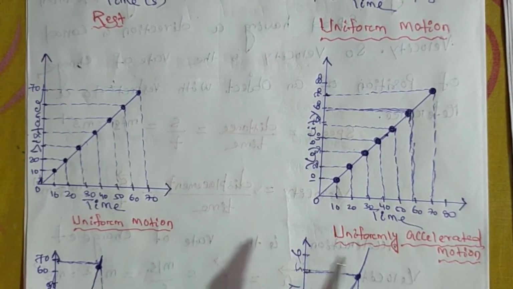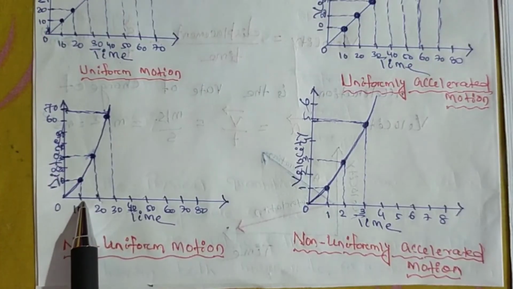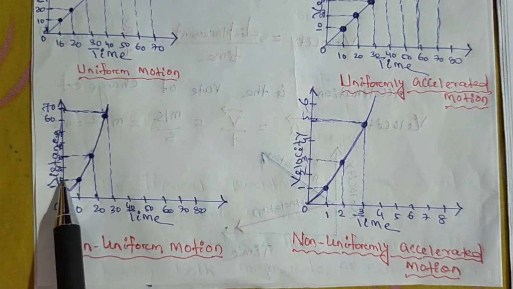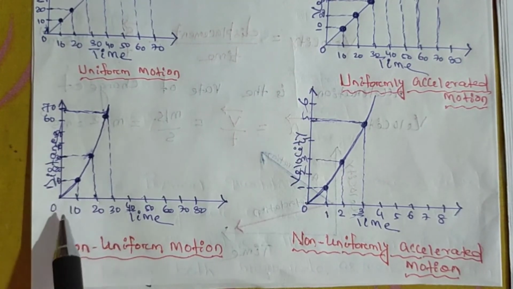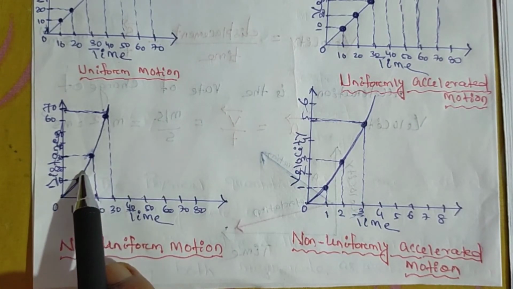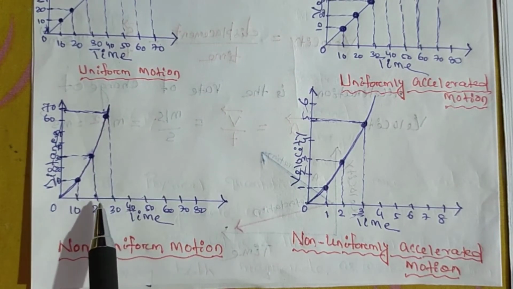When a body is in non-uniform motion, suppose in 10 seconds the body covers the distance 10 meter from the origin. In 20 seconds it should be 20 meter from origin in case of uniform motion. But in case of non-uniform motion, what happens?